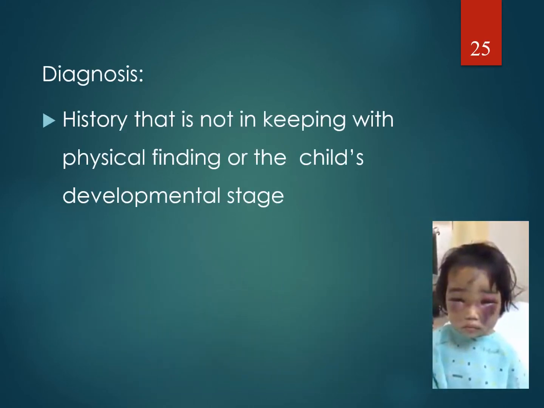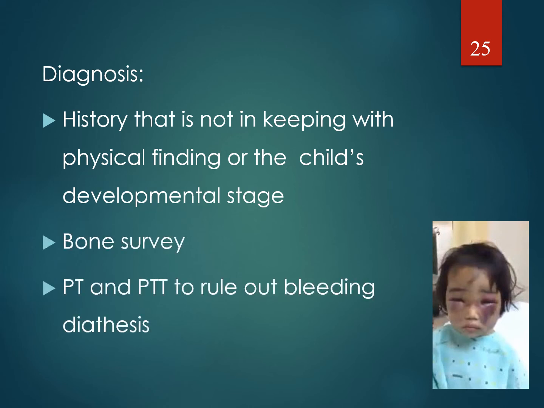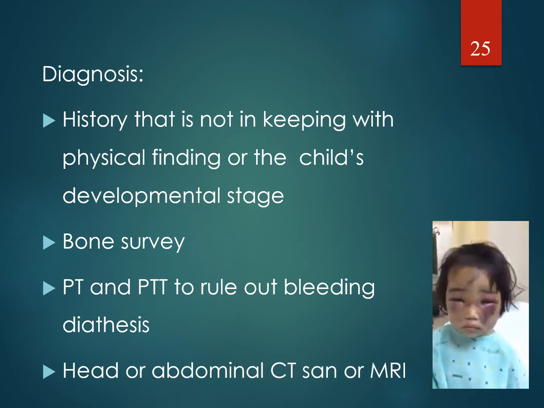So how do we diagnose? We suspect abuse with histories that are not in keeping with the physical findings, especially at the child's developmental stage. You can do your bone survey, you can do your bleeding parameters, your PT and PTT, to rule out bleeding diathesis. You can do your head or abdominal CT scan or MRI.